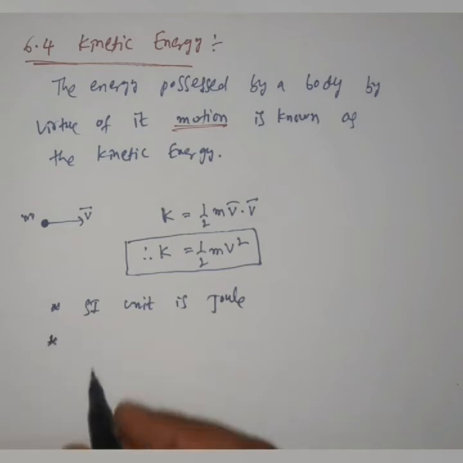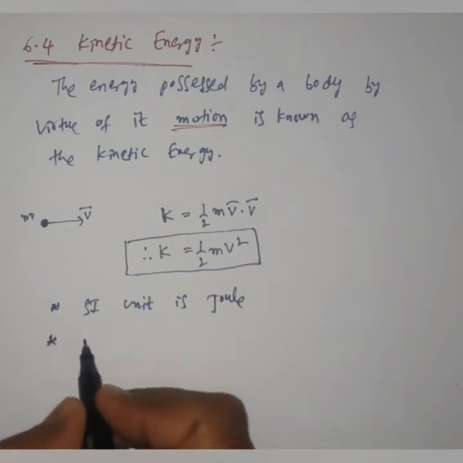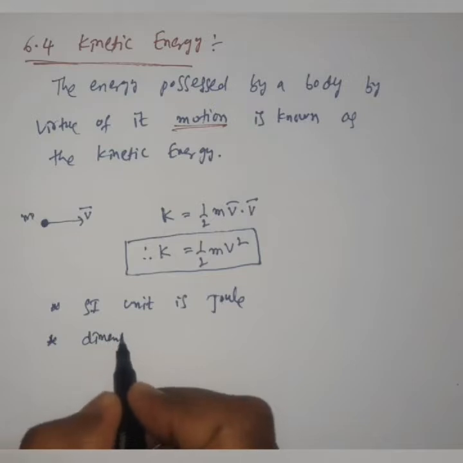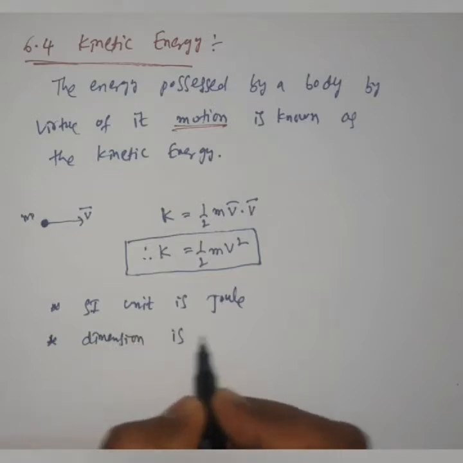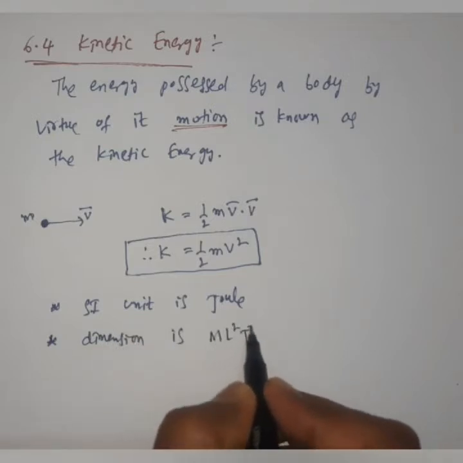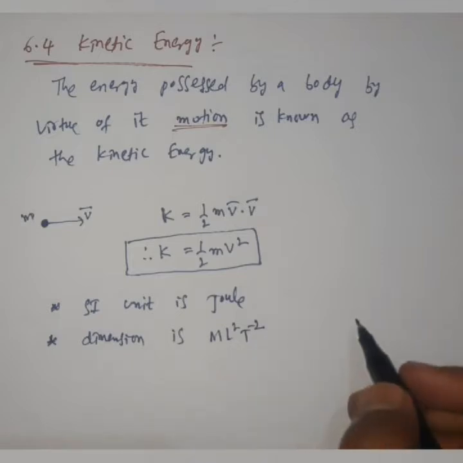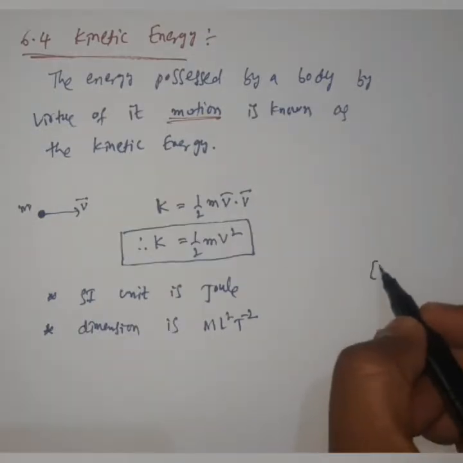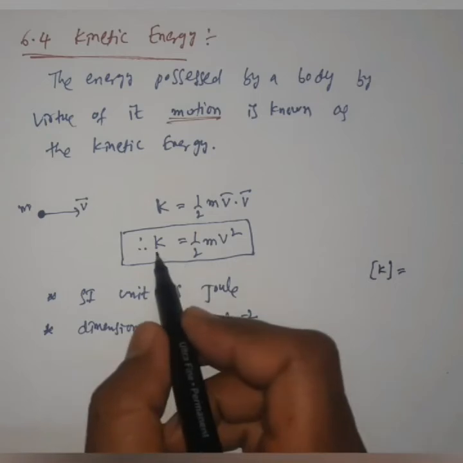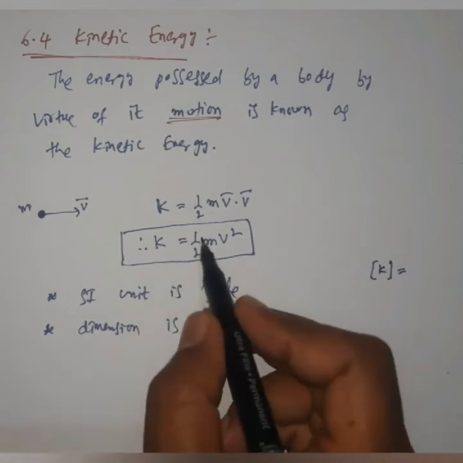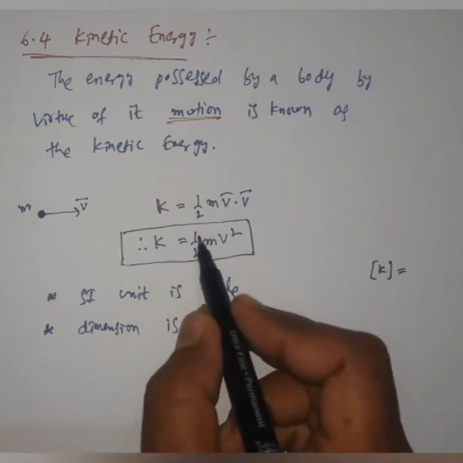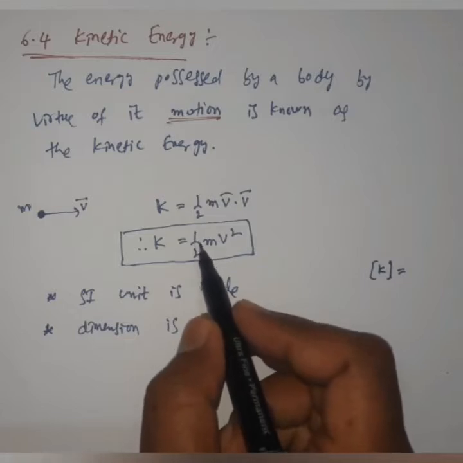The dimensional formula for kinetic energy is M L^2 T^-2. Here half is a dimensionless quantity, so it is a constant.